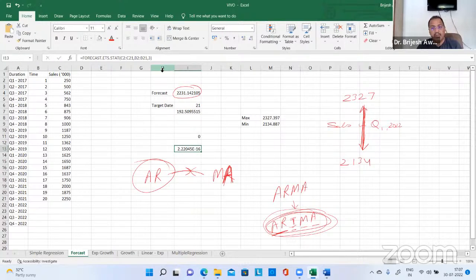And in the ARIMA model, we have different things, like the lag. What lag you are using. I'm going to explain the concept of lag in the auto-regressive model. Then you will understand. So there are three different parameters. I'm just going to use A, B, and C. These are the values which I'm going to use in ARIMA.